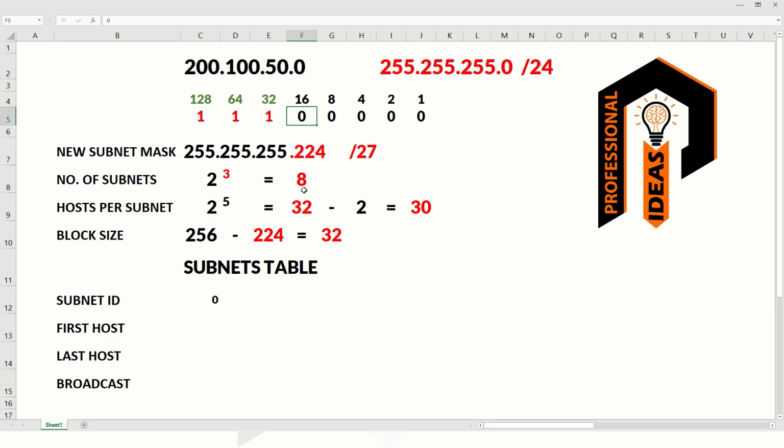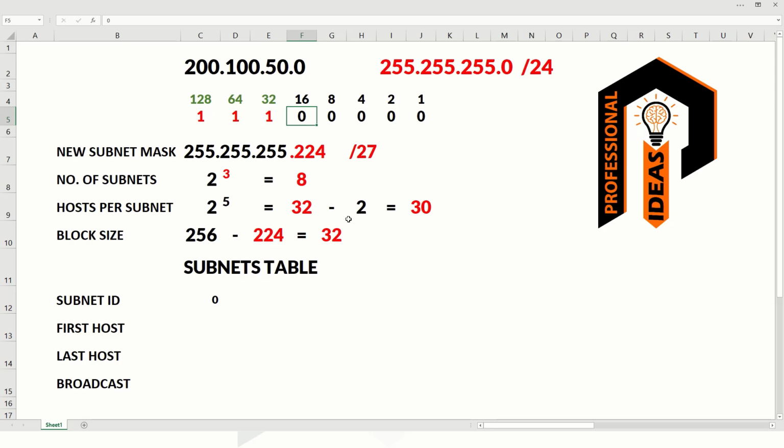Step number 3, number of hosts per subnet will be equal to 2 raised to power 5 because there are 5 bits left in the host segment, and that will be equal to 32. But remember, we had subtracted 2 from possible host values, one for the subnetwork ID and other for the broadcast address.